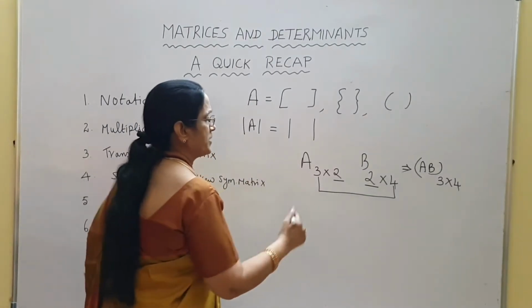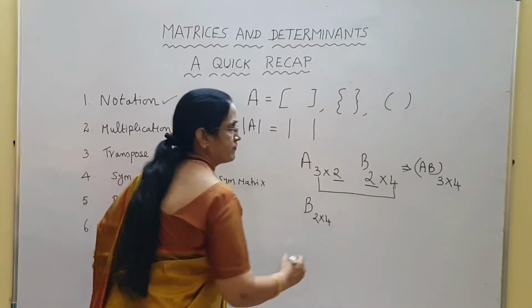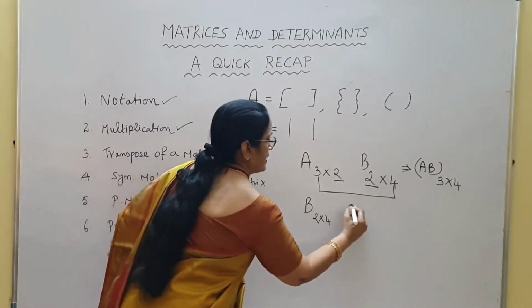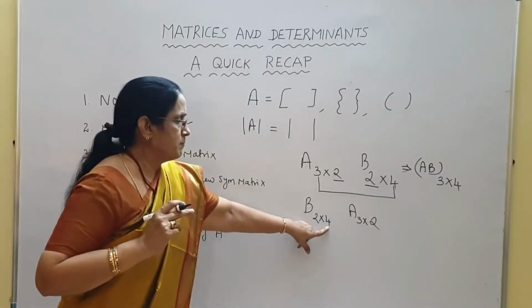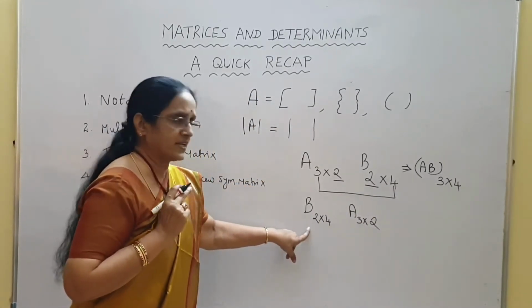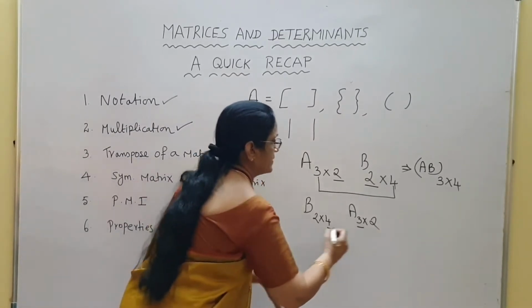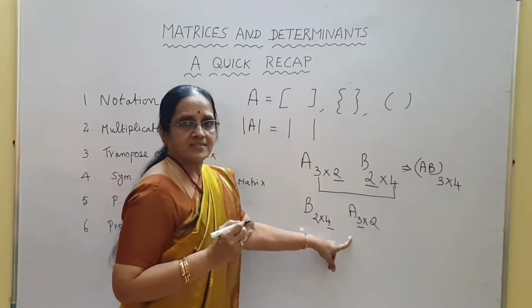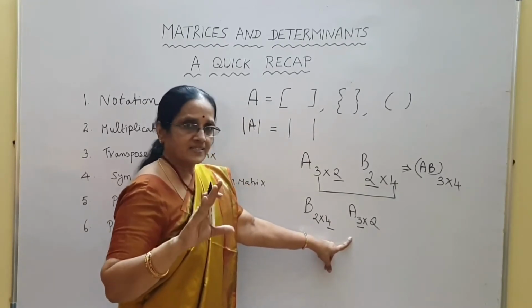What will happen to BA? B is of order 2 by 4 and A is of order 3 by 2. Here, the number of columns of the first matrix is not equal to the number of rows of the second matrix. In such cases, the multiplication does not exist.